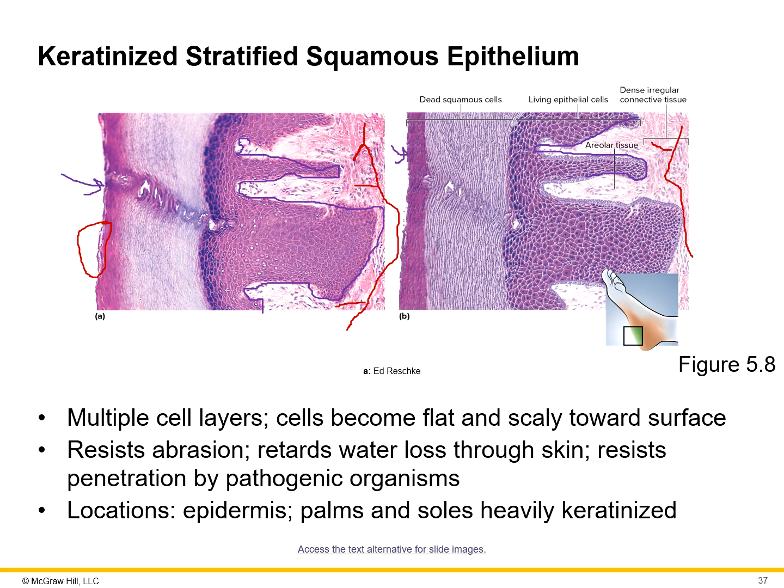As these cells also get pushed off, they're starting to fill up with keratin. And so we'll talk all about these different layers in our next unit, but as they fill up, they're going to lose their cytoplasm and fill up with this protein called keratin.